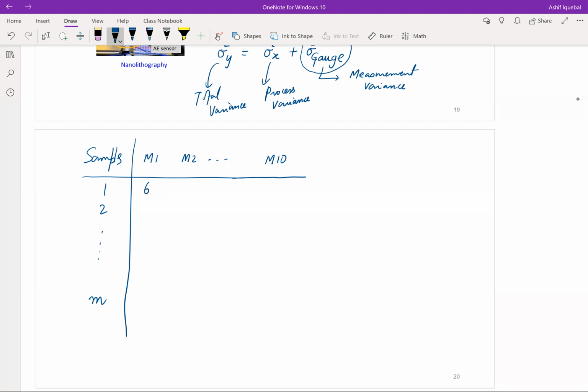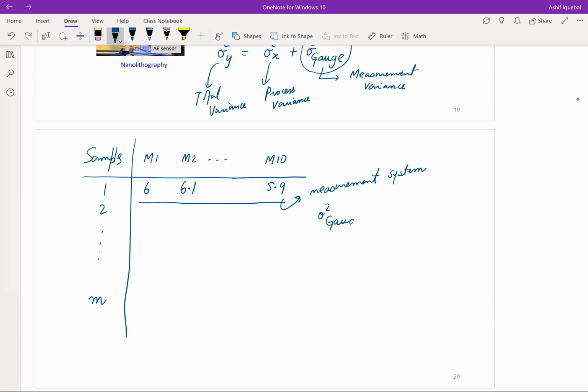First time you will get 6, next time you'll get 6.1, 5.9. So this variability in measurement is coming from the measurement system or the measurement device, right? So by doing this kind of an experiment, now we can estimate sigma square gauge.